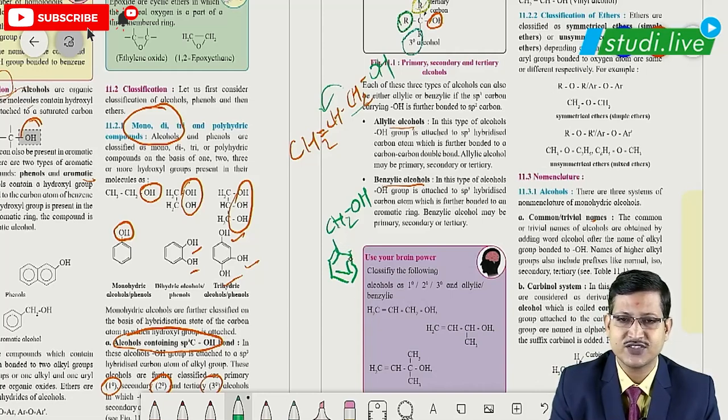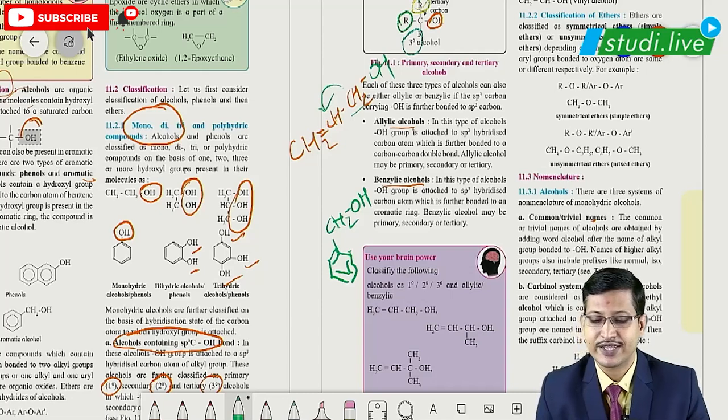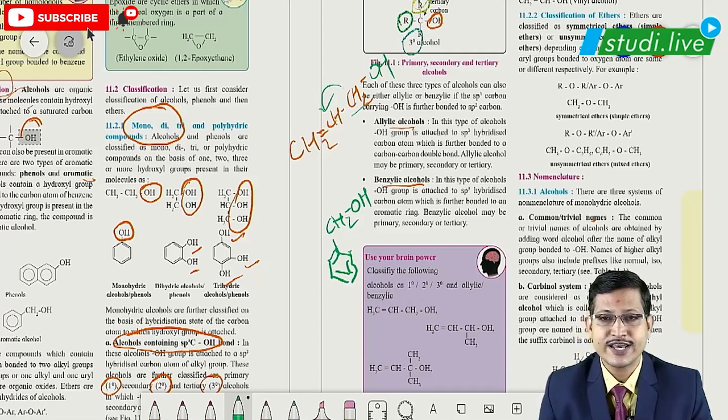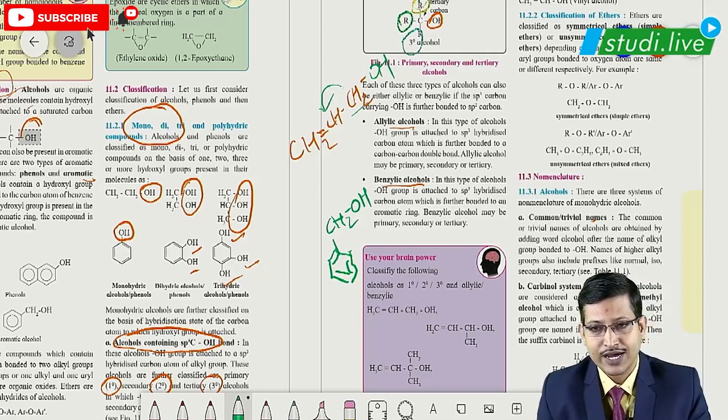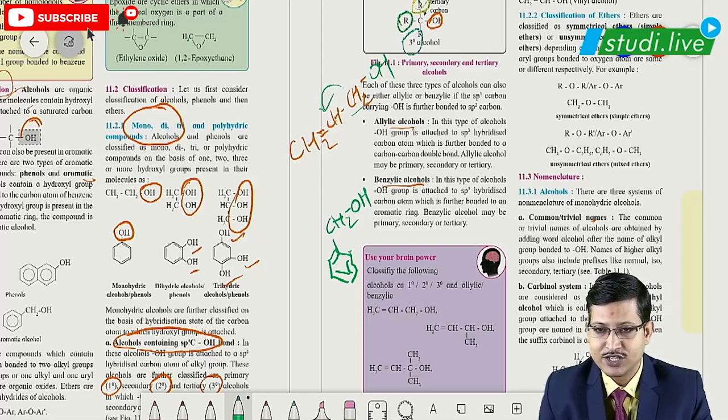This is the benzene ring, that is fine, but the basic part of my discussion is OH getting attached to the carbon which is attached to the next carbon by a single bond. This single bond is very important. This is again what makes it a carbon which is sp3 hybridized and attached to OH. So together, carbon which is sp3 hybridized and attached to OH has 5 types. Which are they?